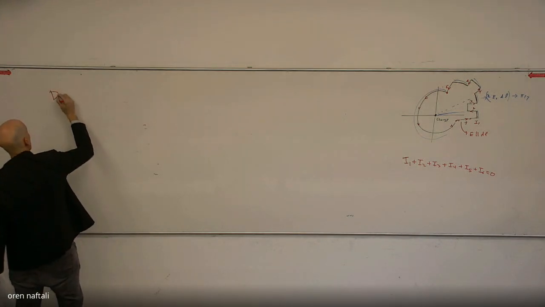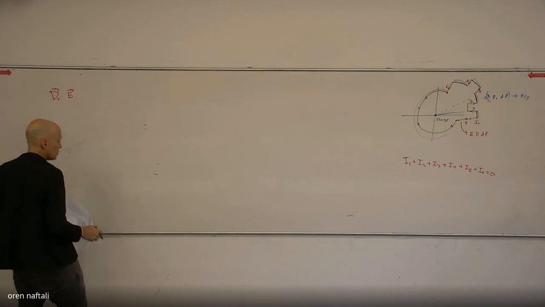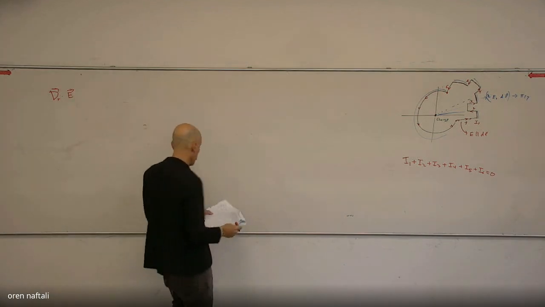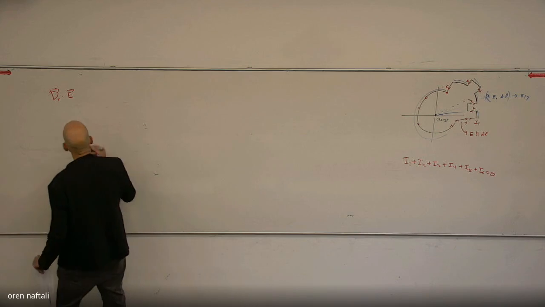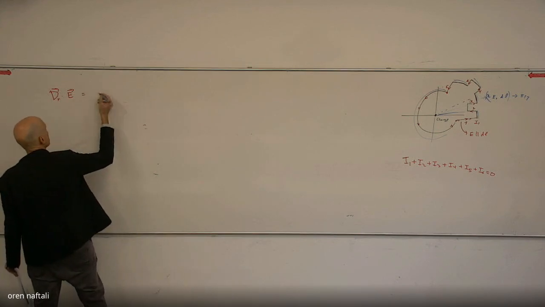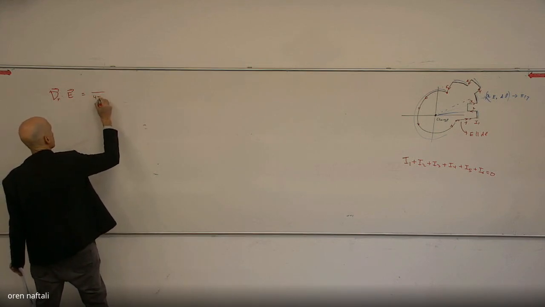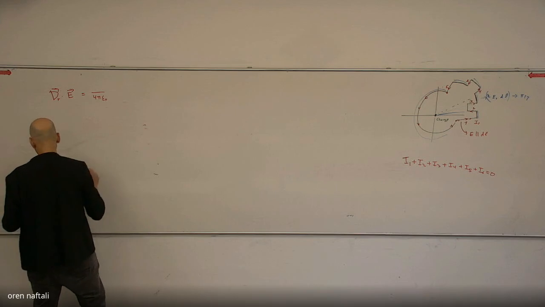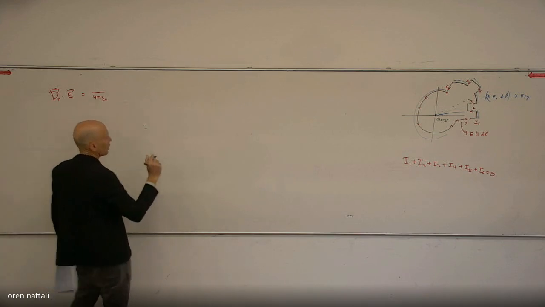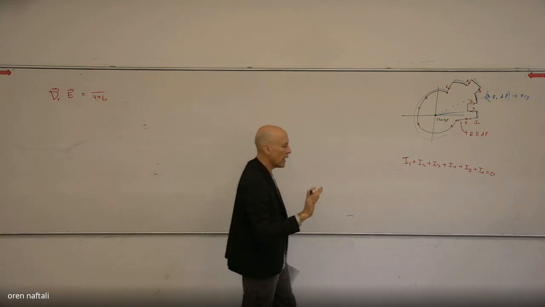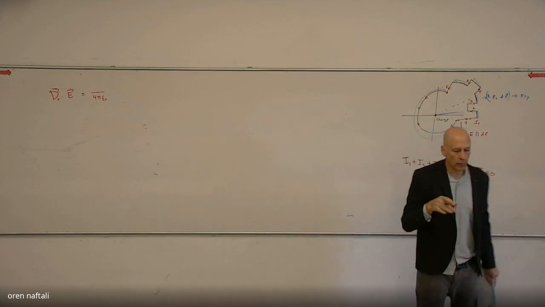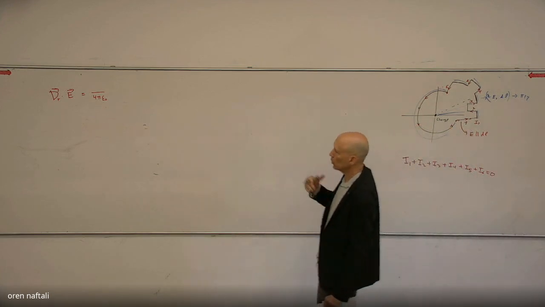We have divergence of E. So this is the Gauss law, if you want. But what I'm going to do, I'm just going to plug in here Coulomb's law. And I'm doing it only for a single charge. And then I argue, okay, if it's for a single charge, with superposition it will hold in general.